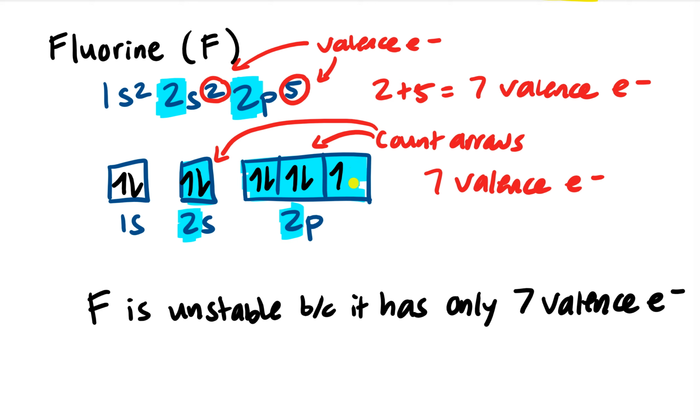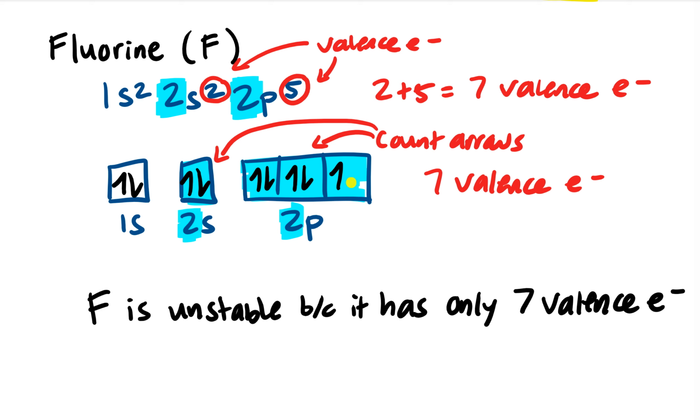So what's fluorine going to do? Fluorine is going to try to steal an electron from another atom, and that's exactly what it does. Fluorine is highly reactive. It's just 1 valence electron away from having its 8 valence electrons and being stable. So it's going to snag an electron from another atom somewhere.